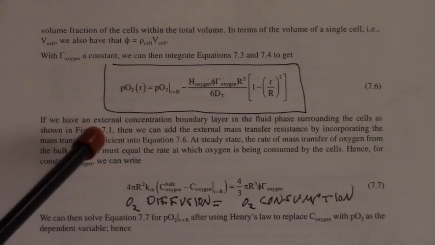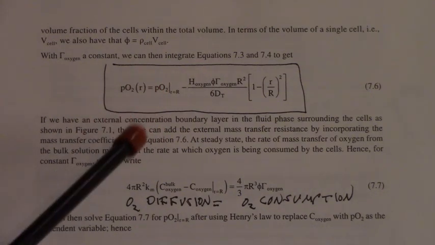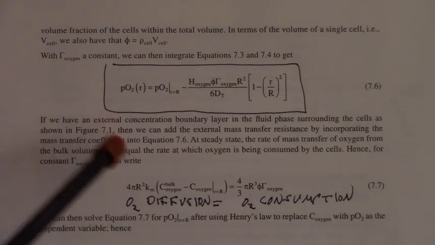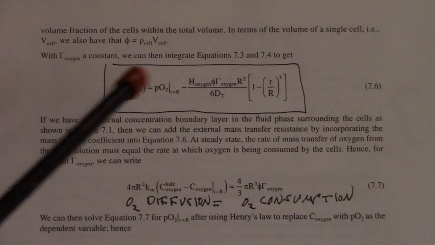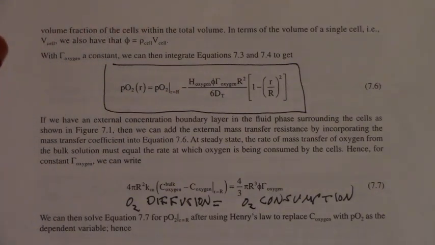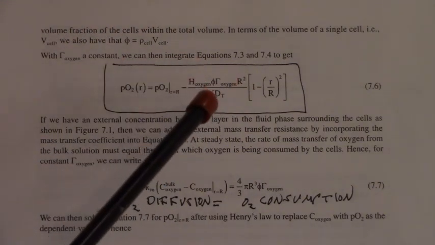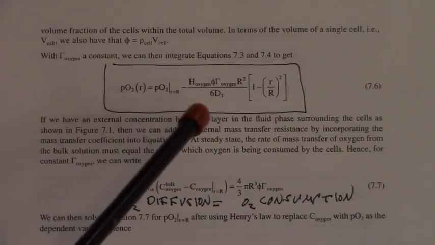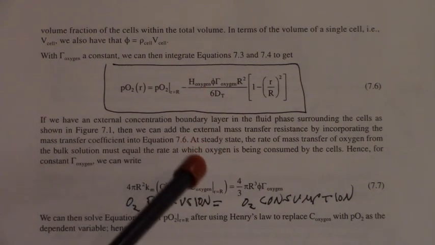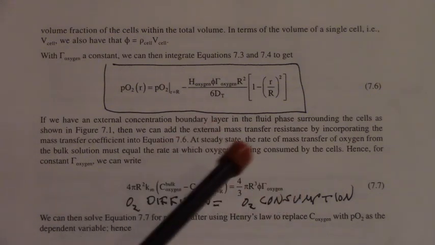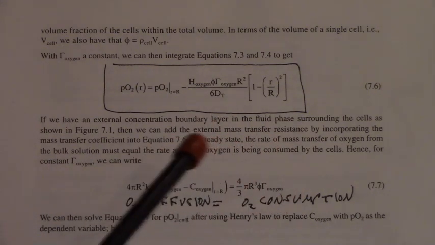But as shown in figure 7.1, even with the case of some convection around the Brockman bodies, there's still significant diffusion resistance in that fluid film that surrounds the Brockman body. So in order to analyze data like shown in figure 7.1, we need to account for the external mass transfer coefficient.